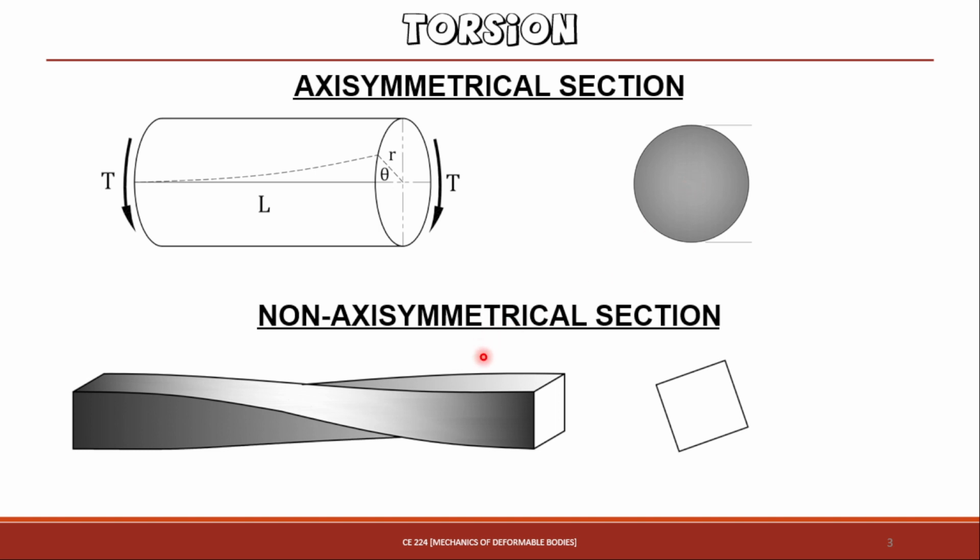As compared to this non-axis symmetrical section, kung saan cross-section natin ay rectangular, pagka ni-rotate natin siya or pag nagkaroon ng twisting sa ating cross-section, nagkakaroon ng change sa shape niya. So pagka nagkakaroon ng rotation sa cross sections na rectangular, nagkakaroon ng changes sa moment of inertia niya.